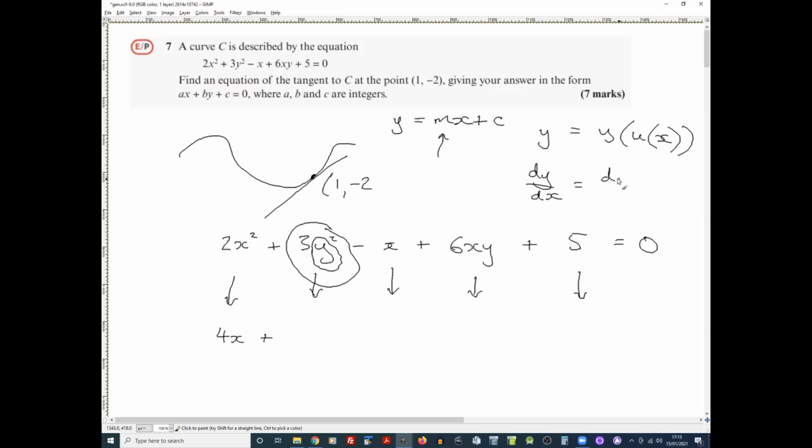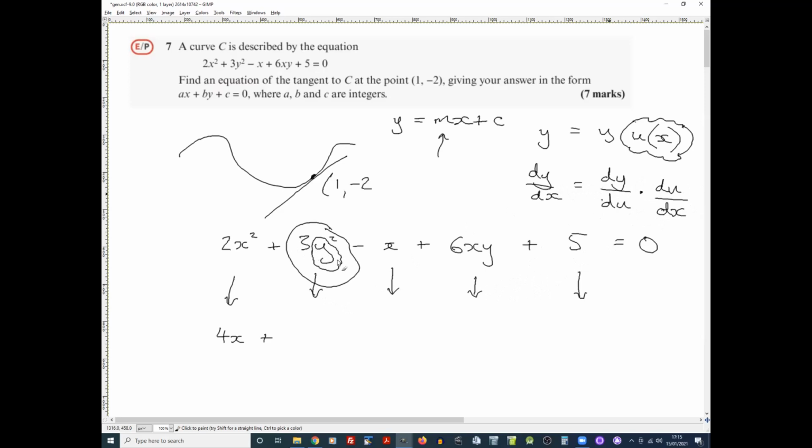We differentiate the whole thing as though u itself were the variable, so we differentiate with respect to u, dy/du. So dy/dx equals dy/du times du/dx.